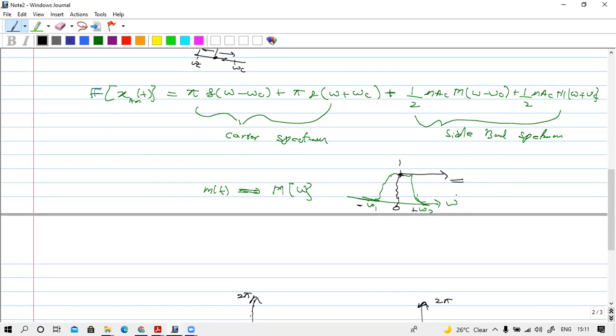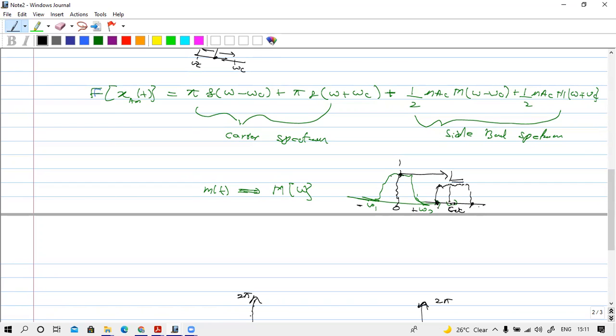So this central point comes to the omega c point, and omega c will be in between omega 1 and omega 2.